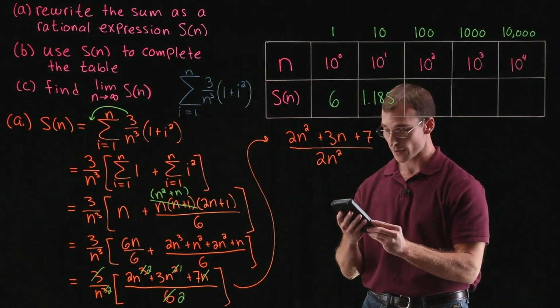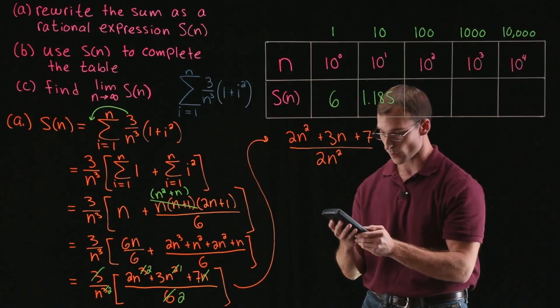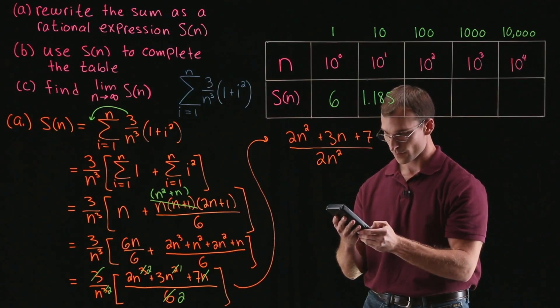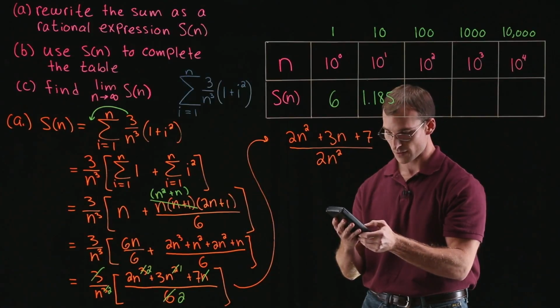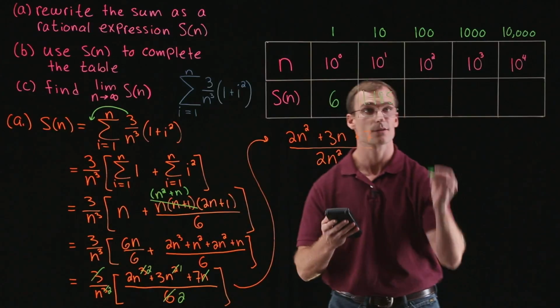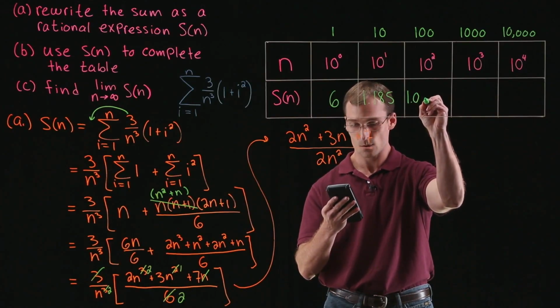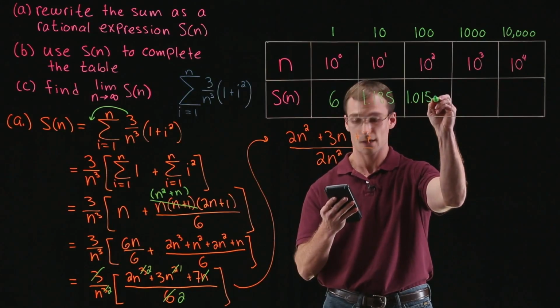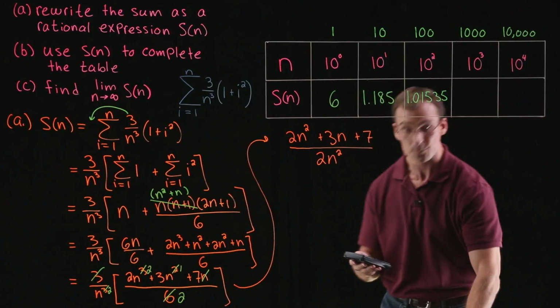And for 10 squared, or 100, same thing, 2 times now 100 squared plus 3 times 100 plus 7, all divided by 2 times 100 squared. And that's going to give us something like 1.0153.